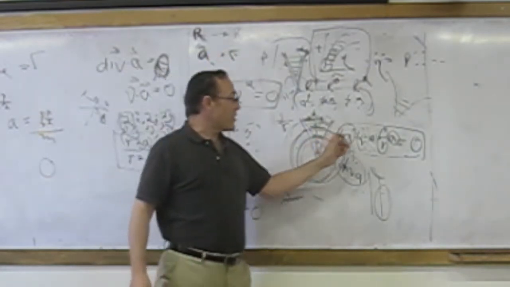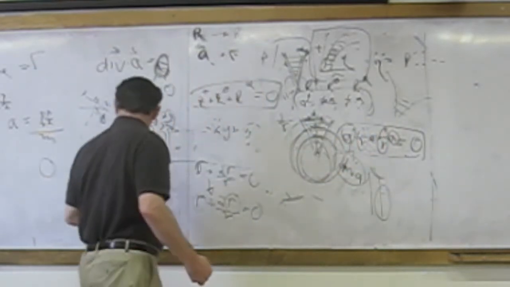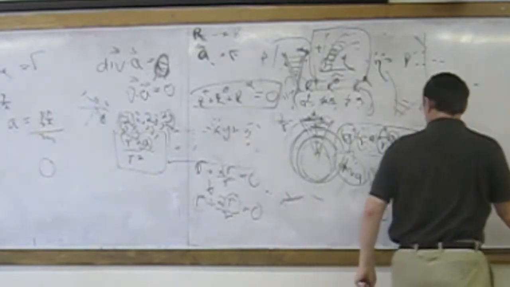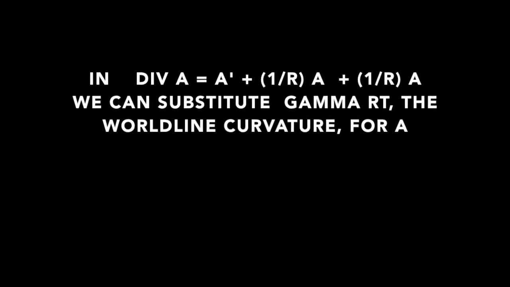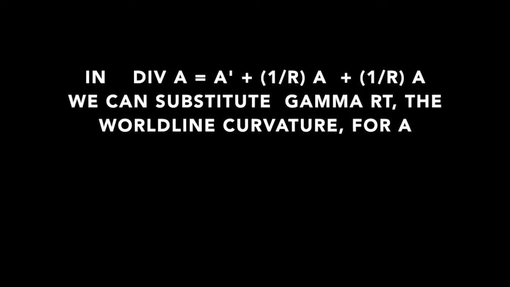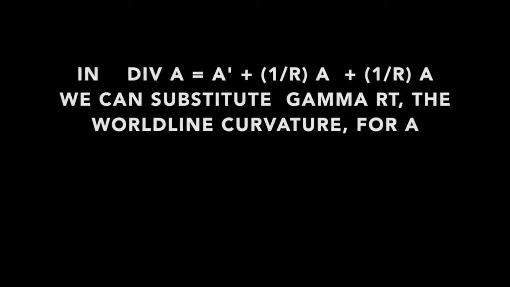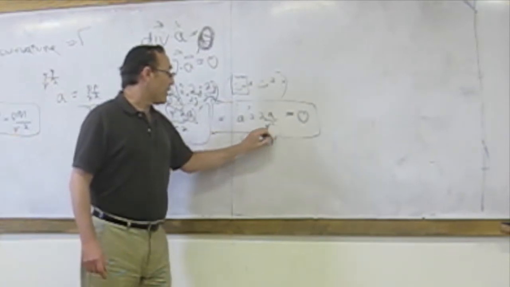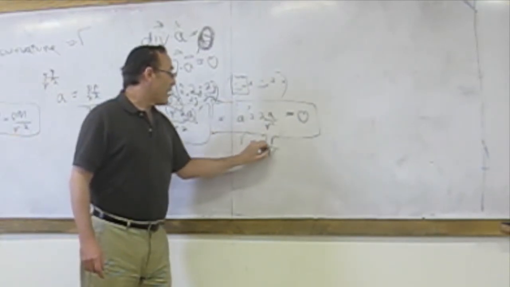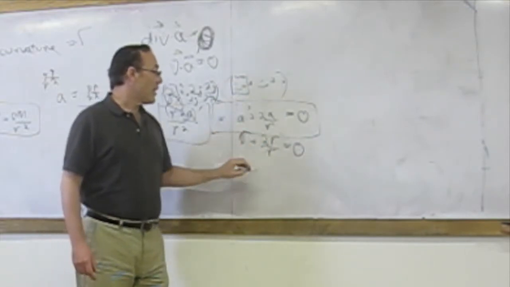So really this equation is all about connections. Again, I can substitute the gammas purely in Newtonian geometry and say this is simply an equation for the world line curvature.